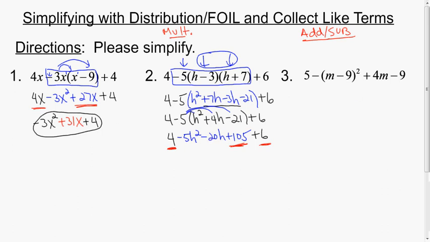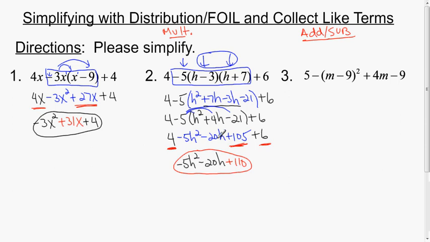So I will pull down my negative 5h squared, my negative 20h, which is minus 20h. And then I'll collect those terms, and I'll do 6 and 4 is 10, and 105 is 110. Making the final answer negative 5h squared minus 20h plus 110.